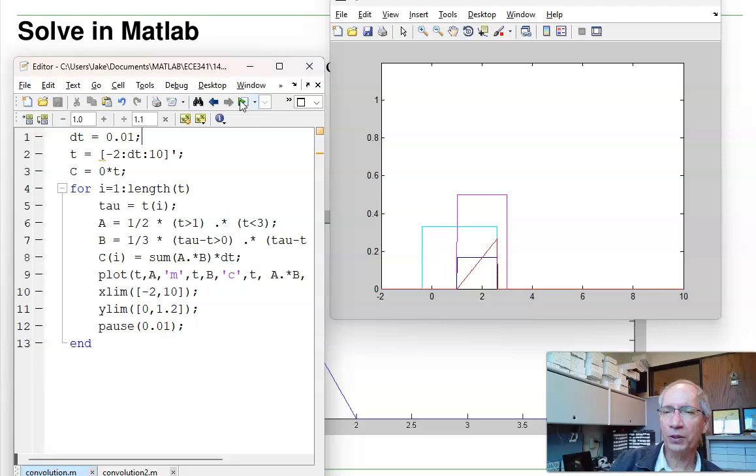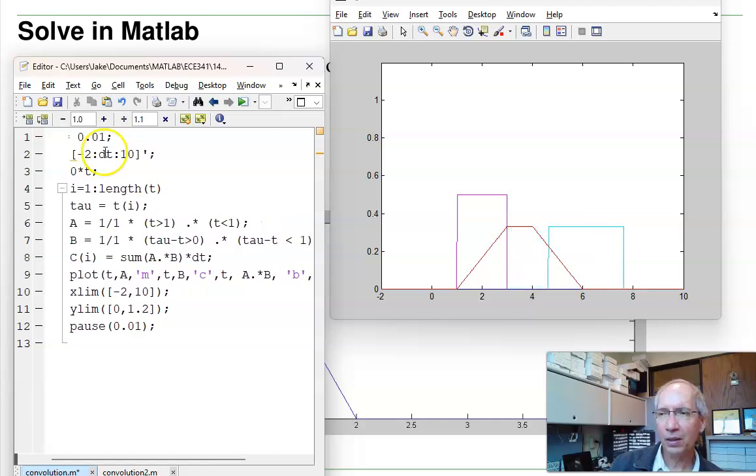That's doing the convolution the hard way. MATLAB has a built-in function for convolution. That's the convolve function. So this would be for those two functions. If I go back to the one that we're looking at, unit step between 0 and 1.